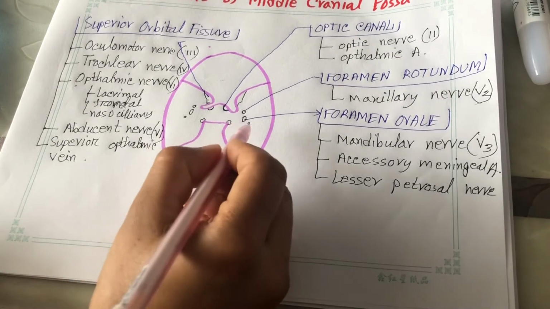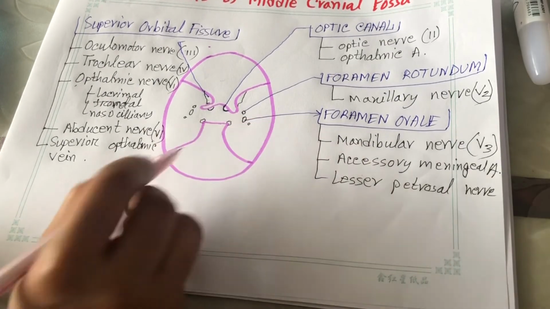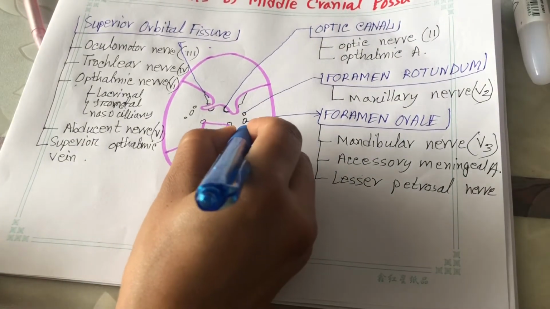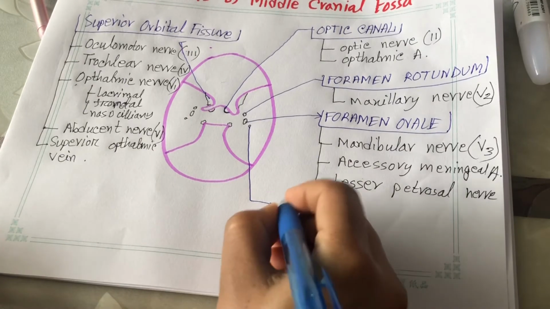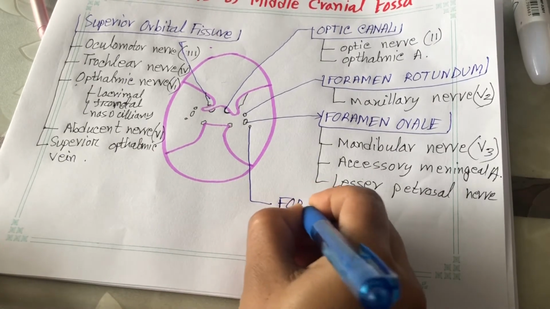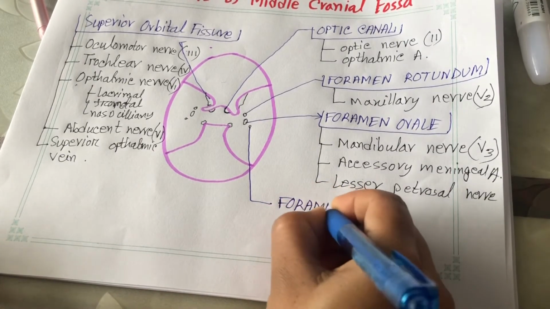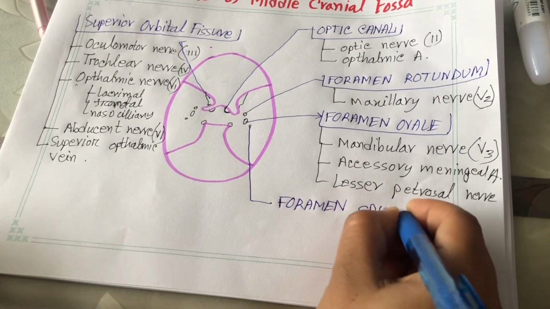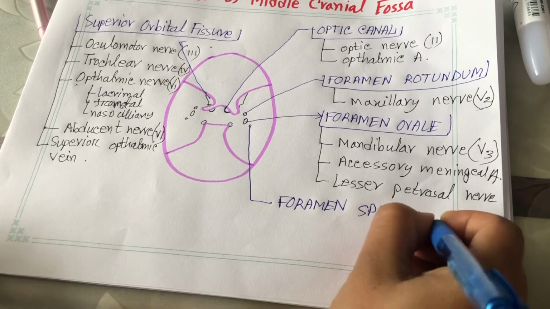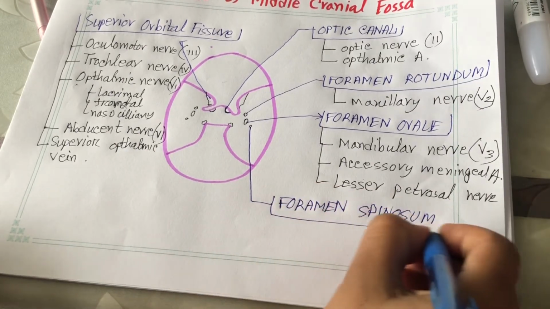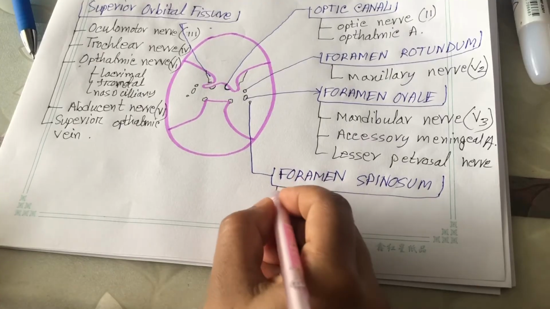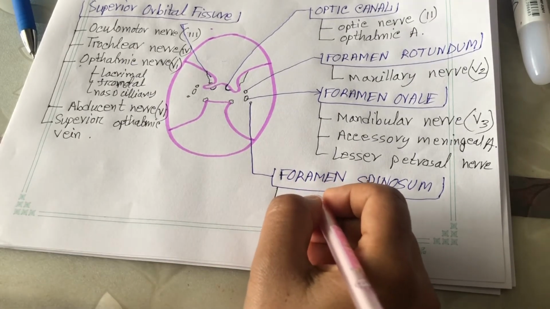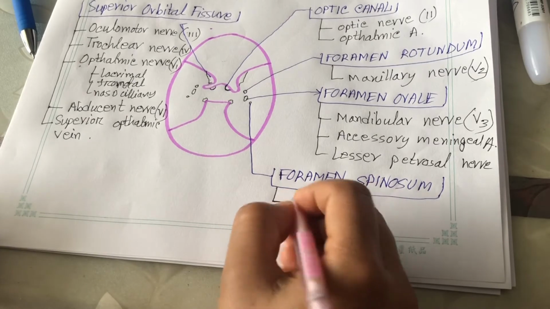Now we will see the foramen spinosum. This small tiny foramen is foramen spinosum. Through the foramen spinosum, one artery, one vein and one nerve pass.